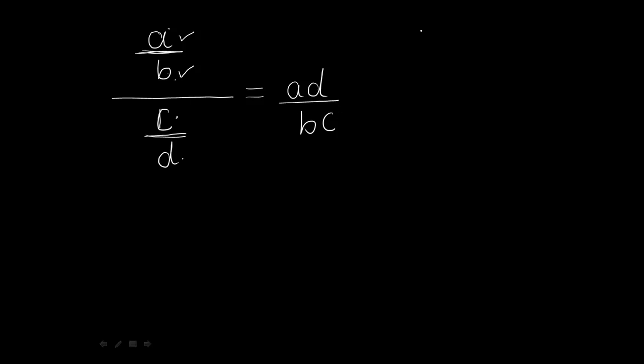Let me explain. Now if you consider simple fractions such as x upon y, where x is the numerator and y is the denominator, what does that mean? It means that x is divided by y. That means if you have a fraction, the numerator is to be divided by the denominator.